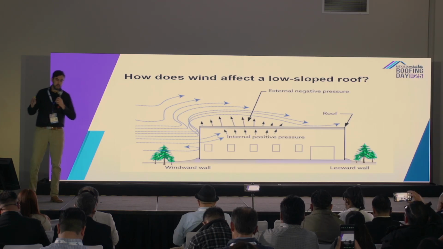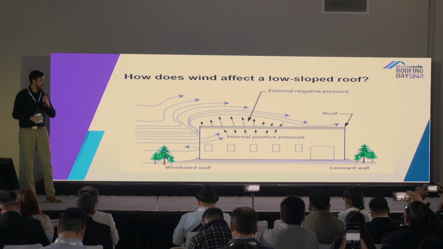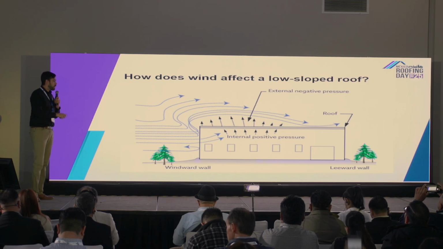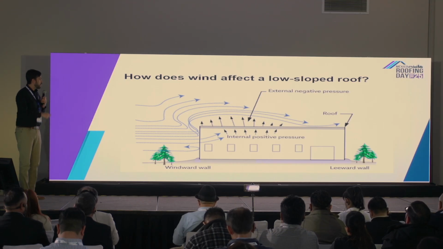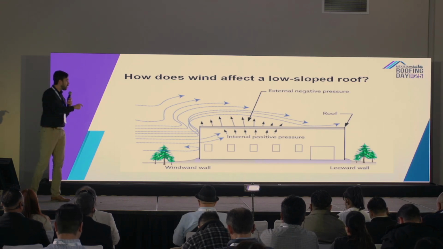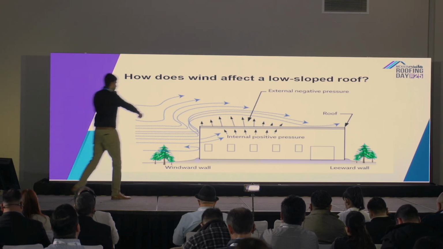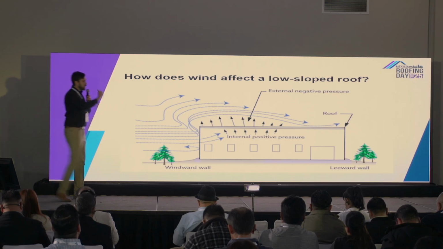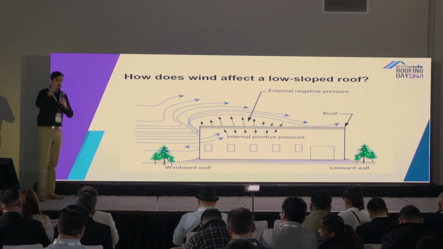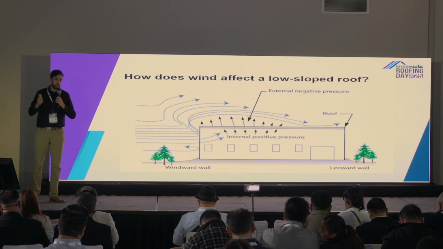So the wing of a plane, how a plane will fly, it's the same principle as the wind uplift that goes on a roof, meaning that the wind needs to go around the building. So the length of the travel of the wind is going to increase, meaning that the speed of the wind needs to increase.